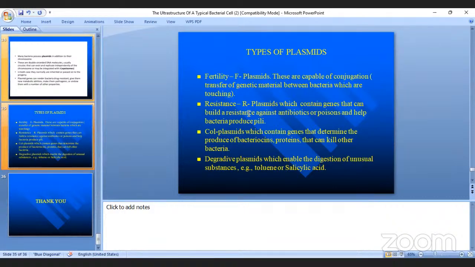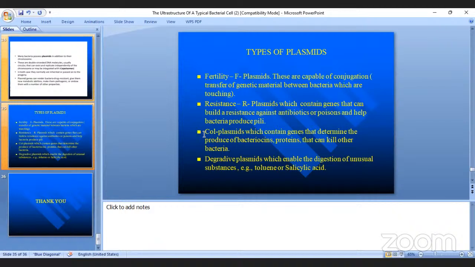Resistance plasmids contain genes that can build resistance against antibiotics and poisons. For example, the R type of plasmid can give resistance against any type of pathogen or toxin. The Col plasmid contains the genes that produce the bacteriocin protein that can kill other bacteria.